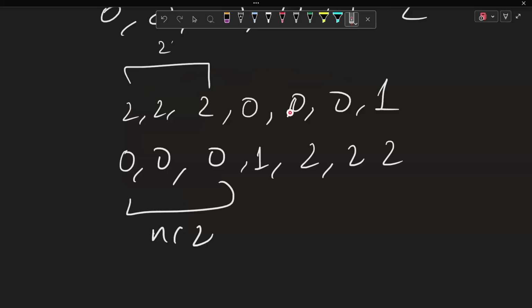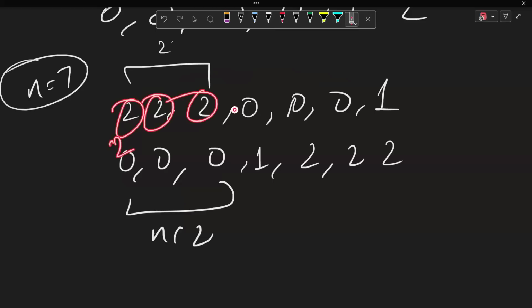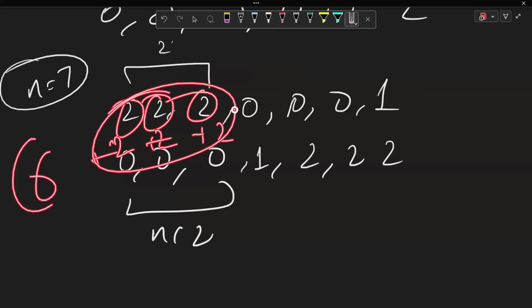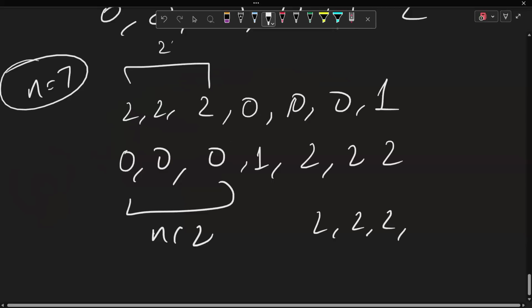Now even in this worst case, for n equal to 7, for each 2 you would need two swaps. Okay, so plus 2 plus 2 plus 2, so a total of 6 swaps are already done. But after these 6 swaps are done, in the final positioning you would have some twos and ones.